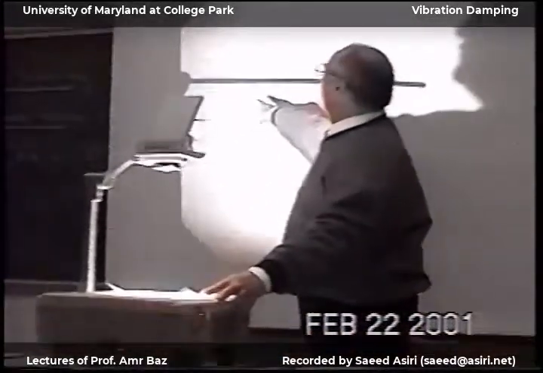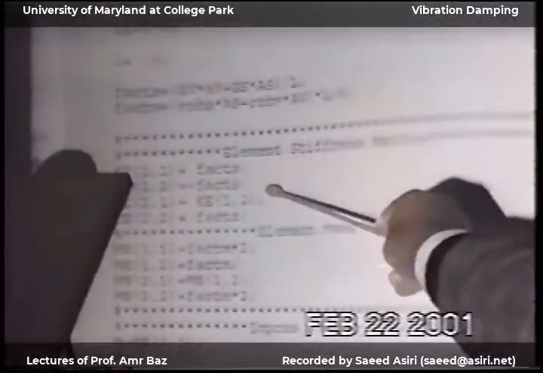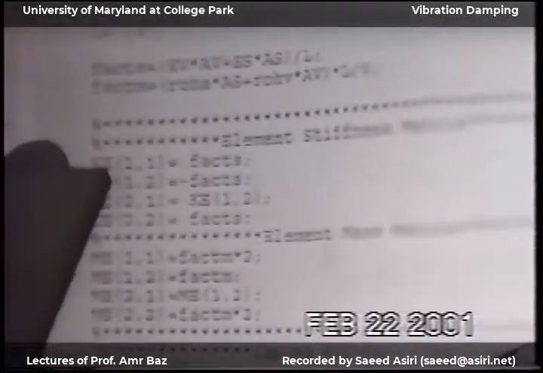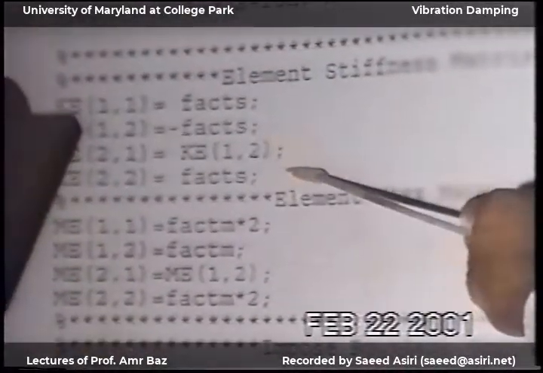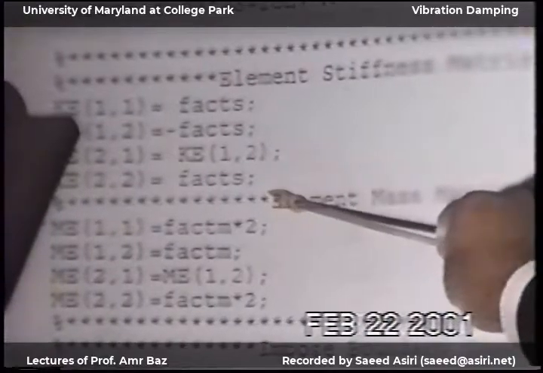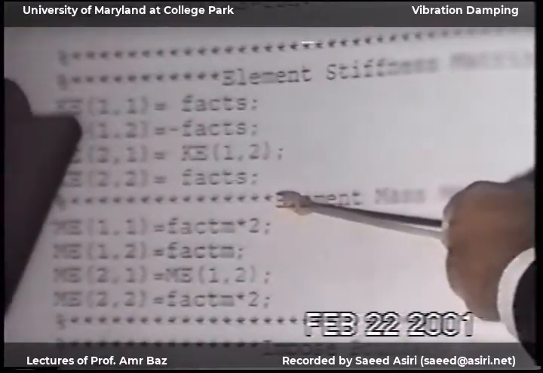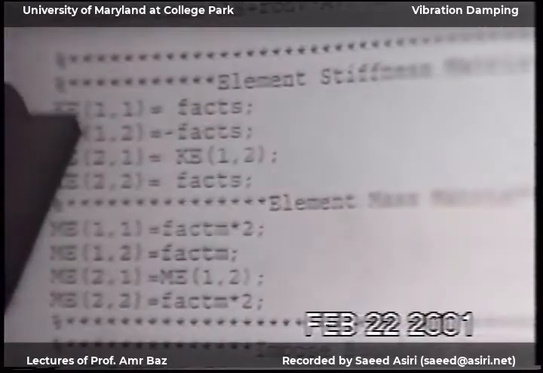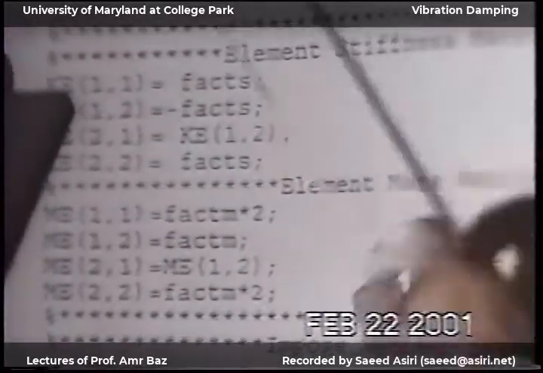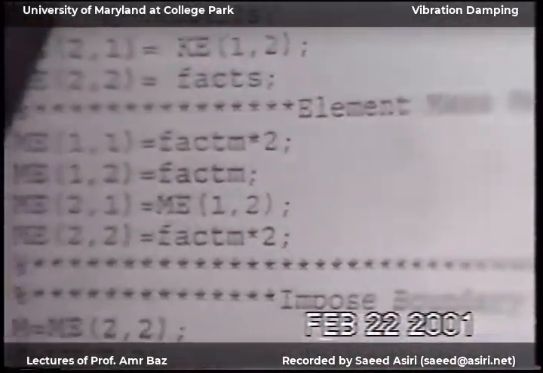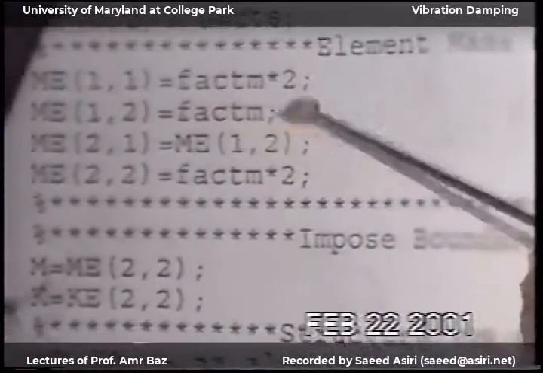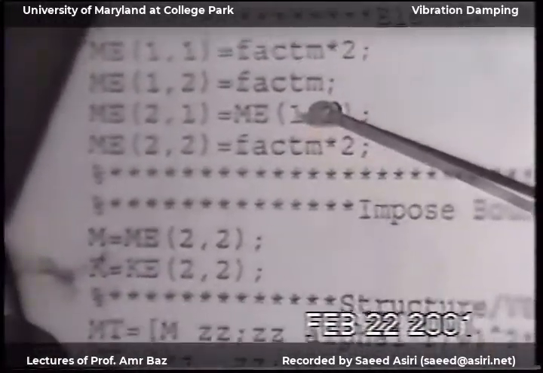So this will be factor times 1. Second element, the K prime is minus 1. And then I have symmetry, and then the corner element is factor times S. Okay? So now this is the stiffness matrix. It's the multiplier times 1 minus 1 minus 1 and 1. For the mass matrix, we have it here. Factor M, 2, and then I have this and this.